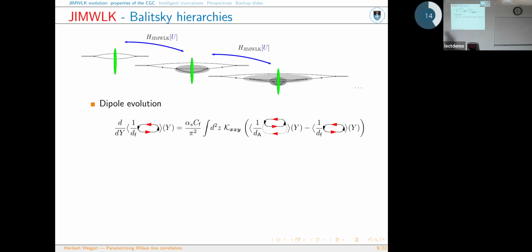Now let me draw this in birdtracks, in the hope that it gets a little clearer what is going on. So on the left, the birdtrack for the U dagger U is that closed thing. You see a quark singlet state on the right, as we discussed last time around. It's just a Kronecker delta. And there's a Kronecker delta on the other side that actually makes up the trace for the U and U dagger.